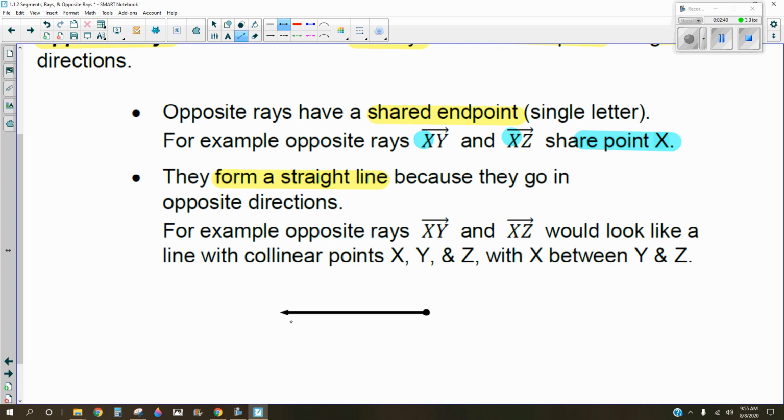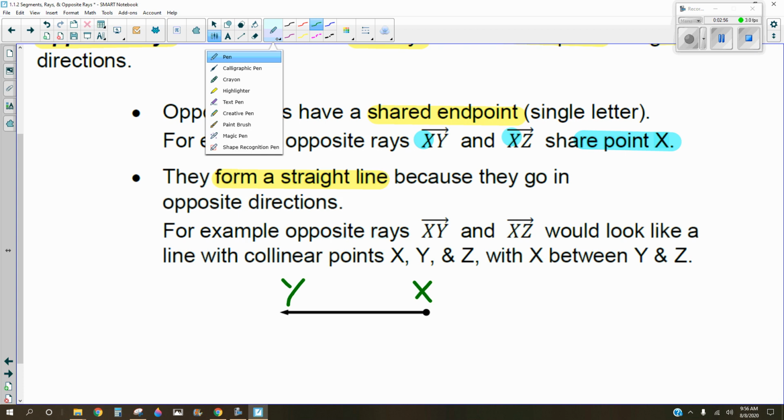So this might be considered ray XY. It starts at X and moves toward Y. I'm going to just highlight, because I like colors. When we get back in the classroom, you're going to see I'm a color coding crazy person. So I start at X and I move towards Y.